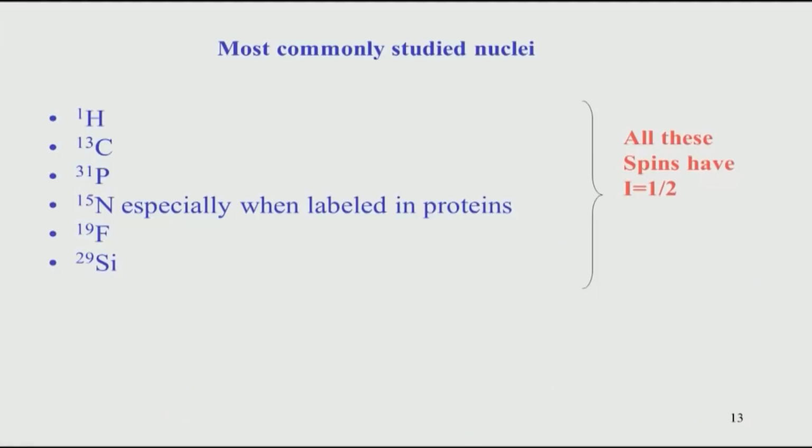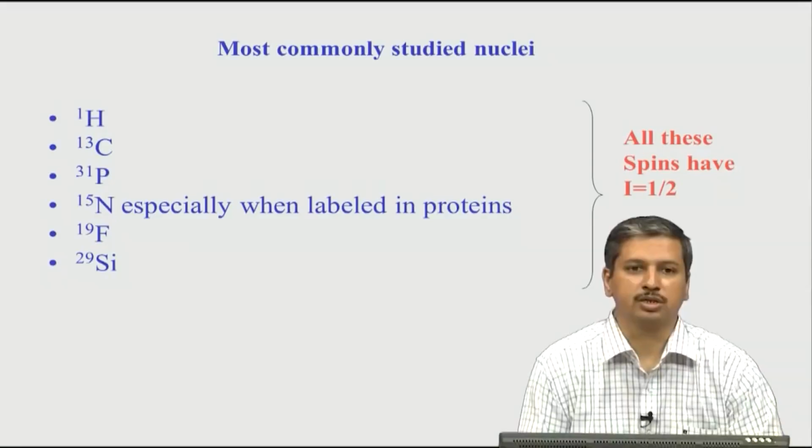So, today we will continue with that and look at what the most common nuclei are and how NMR spectroscopy is actually carried out. If you look at this slide, the most common nuclei that we study are listed here. Typically, of course, 90% of NMR is carried out on protons, the next most popular nucleus is carbon 13, and third is phosphorus 31.